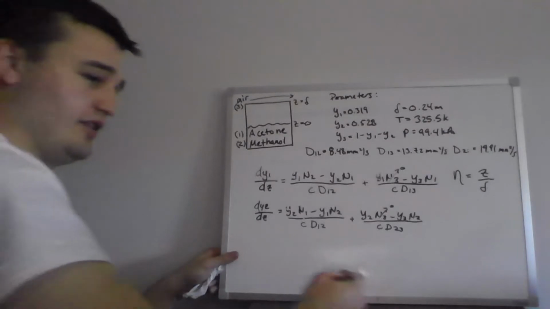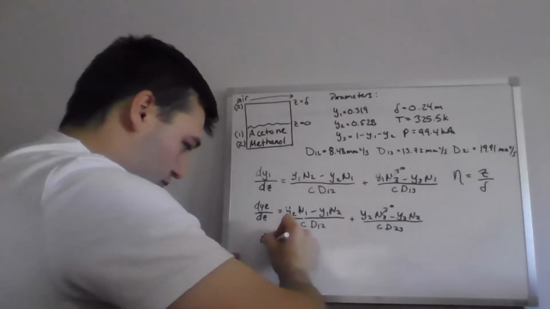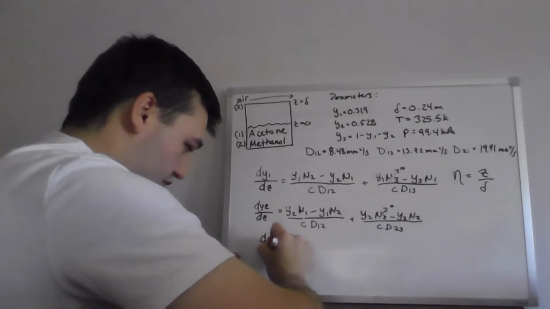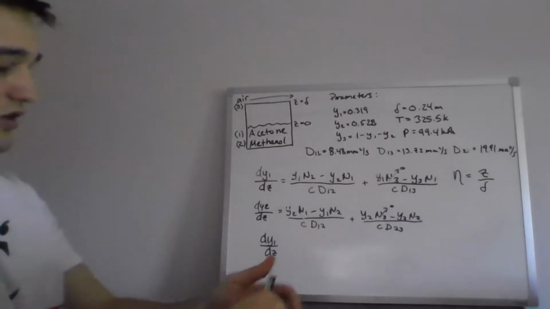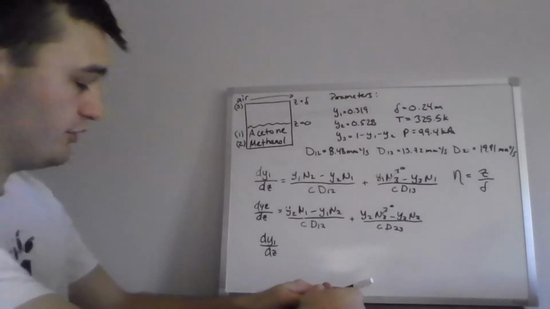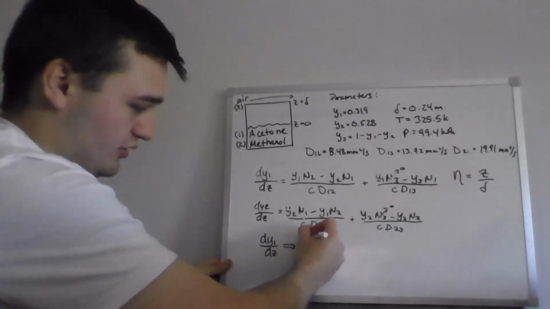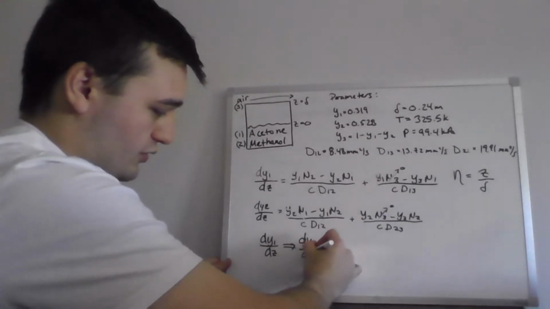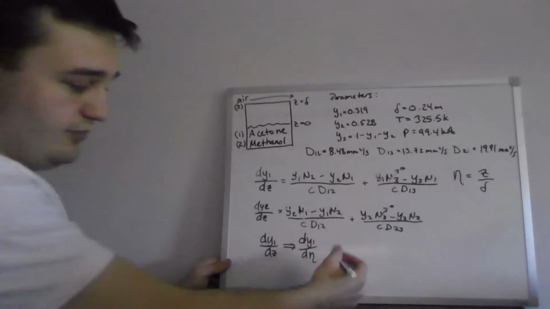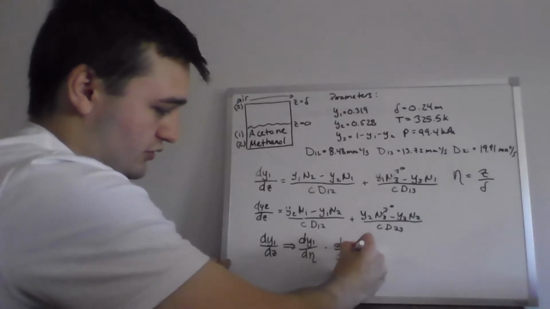So we can say that the change in mole fraction 1 with respect to z is the same as saying the change in the mole fraction of 1 with respect to change in eta times the change in eta with respect to z.